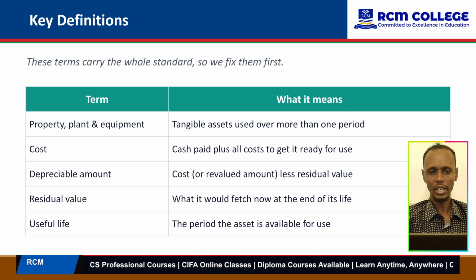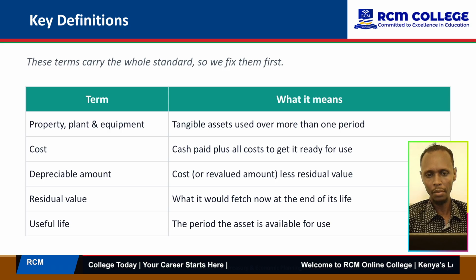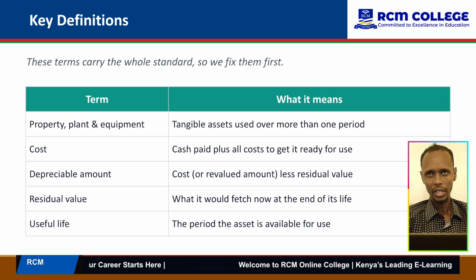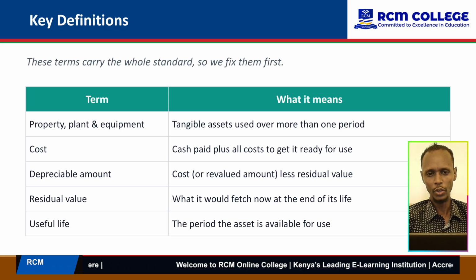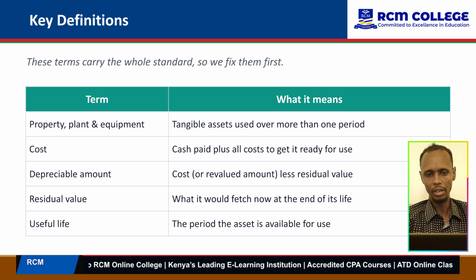Then when we are recognizing them, we look at cost. We can either use the historical cost or the revaluation model. Cost is the cash or the amount you pay to purchase or construct that asset. Depreciable amount: what is this depreciable amount? For example, an asset cost is 5 million, but the residual value is 500,000.